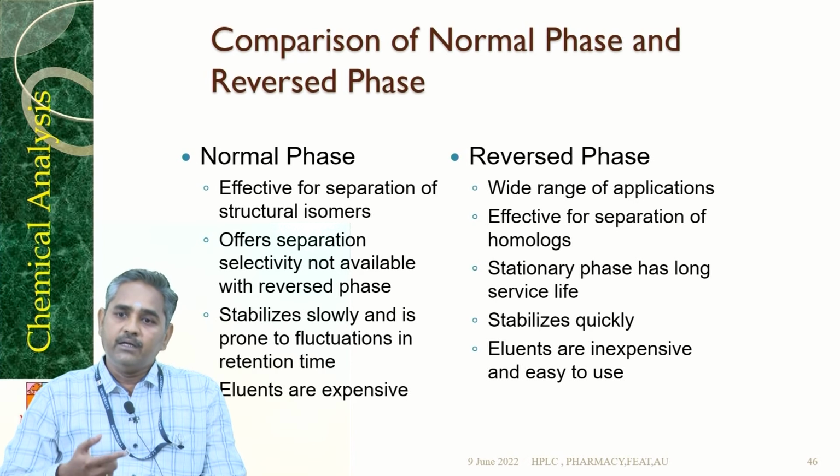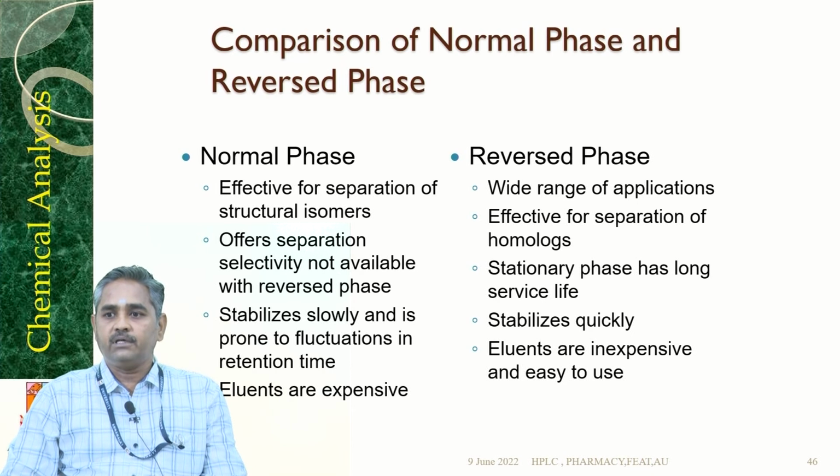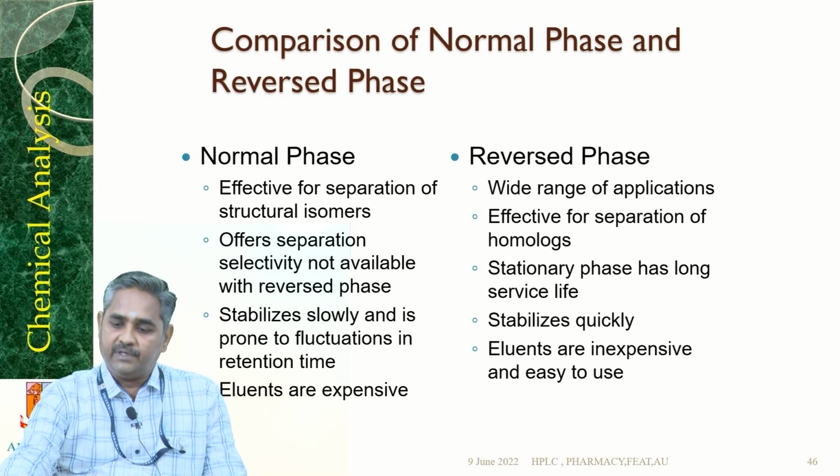It takes even 1 or 2 days for stabilization, but reverse phase stationary phases like octadecylsilane ODS, the C18 columns, stabilize quickly and we can finish the experiment within a day or 2. And the eluents are expensive, as n-hexane and butane are costlier solvents when compared to methanol and acetonitrile, which are used in reverse phase.